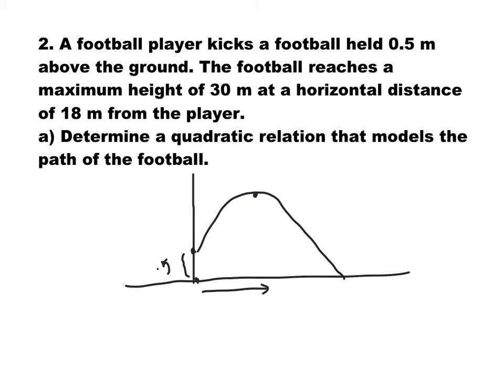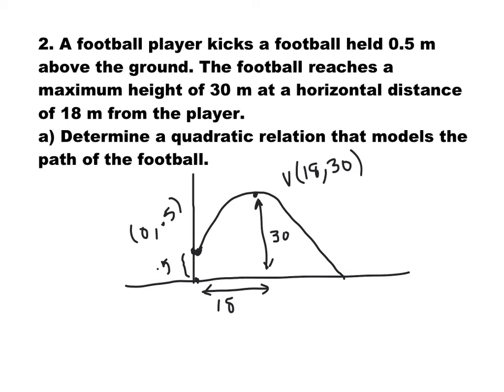So this means this is 18 meters and this one is 30 meters. So I know the vertex is at the point (18, 30). And also I know that the point (0, 0.5) is part of the graph here, where the ball is initially. Now I have to find the equation.